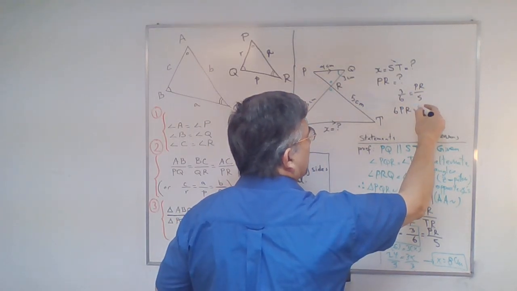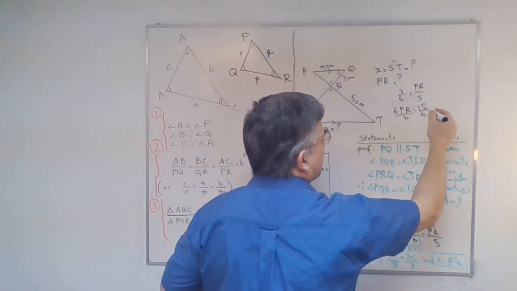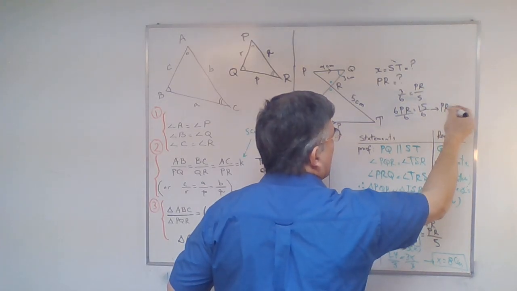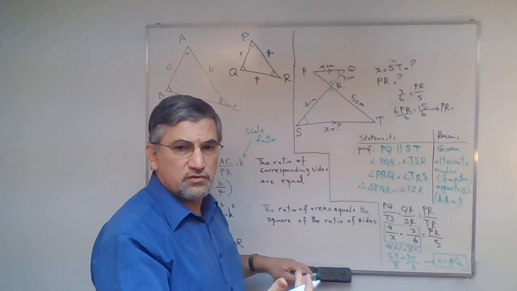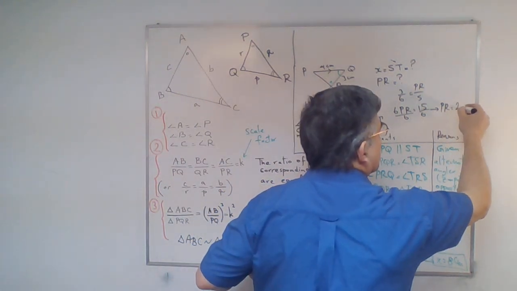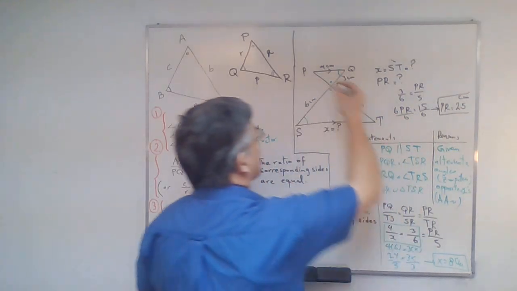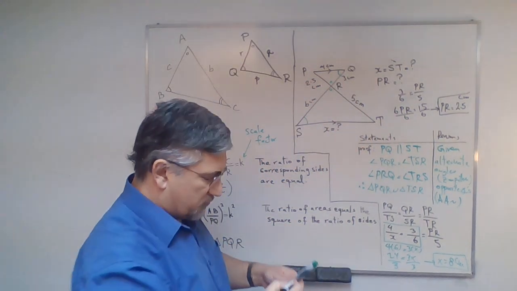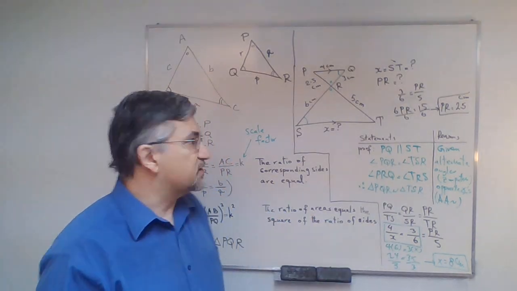So 6 PR would be 15, and then dividing both sides by 6 gives you PR equals 15 over 6, which can be reduced. It's 5 over 2 or 2.5. So basically 2.5 centimeters. That is the size of side PR, which of course was not asked in the question, but we just found it as an additional piece of information.